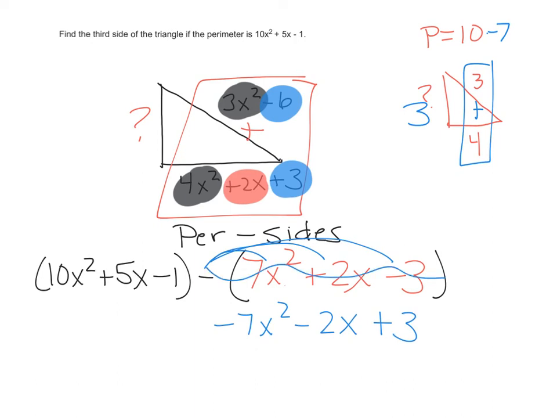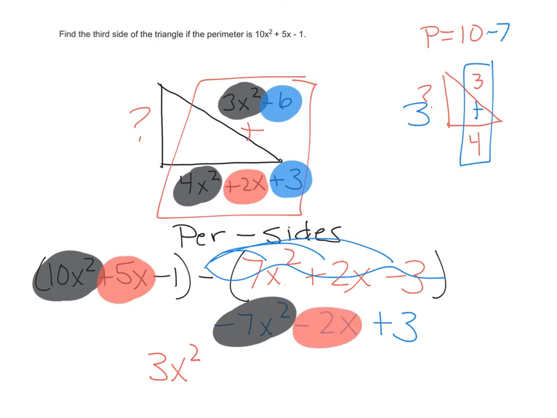Now, start combining like terms again. So 10x squared, negative 7x squared. So it's going to give me a positive 3x squared. Okay, then I'm going to look at 5x minus 2x. So that's going to give me a positive 3x.